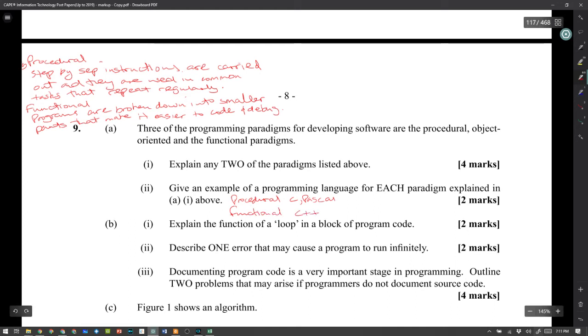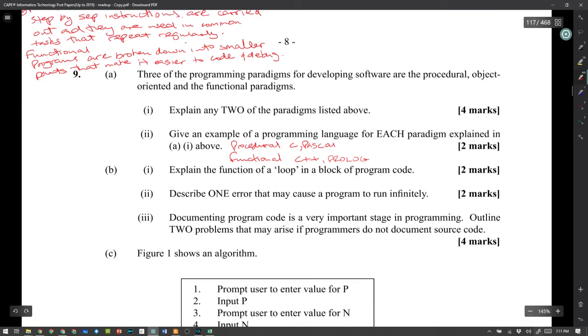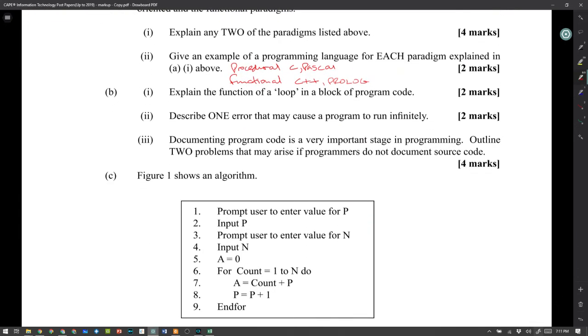So C++ could be functional, C could be functional if you wanted to, or Prolog. I think the examples in the syllabus are Prolog and Lisp. C++ is really object oriented, so I'm going to take that one out. I'll leave Prolog or Lisp, but I think it's Lisp.